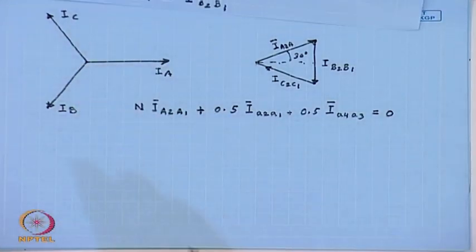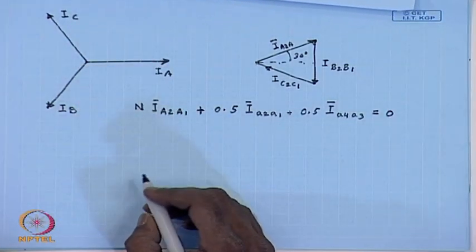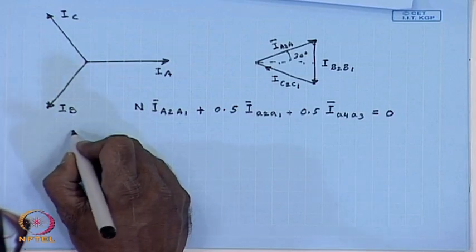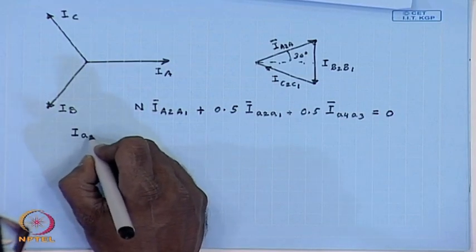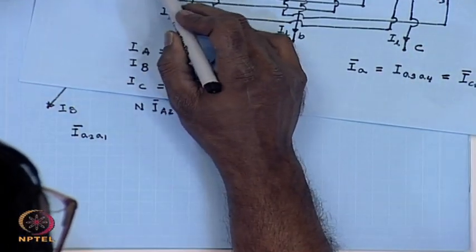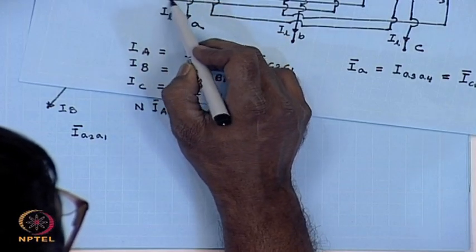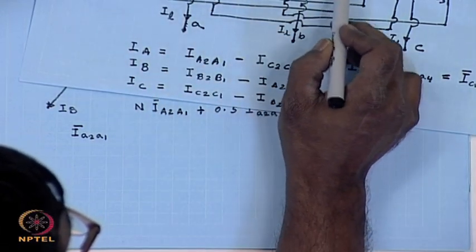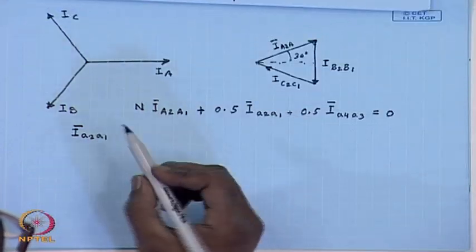But from the phasor diagram, we have seen that I_A2A1, what is I_A2A1? I_A2A1 is this current flowing through this terminal, through this and coming out. So, this is equal to I_B.